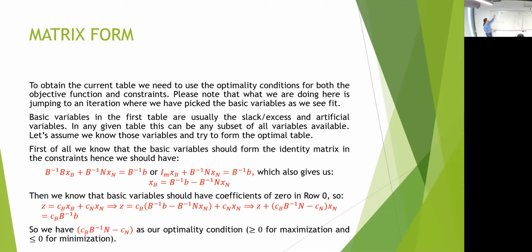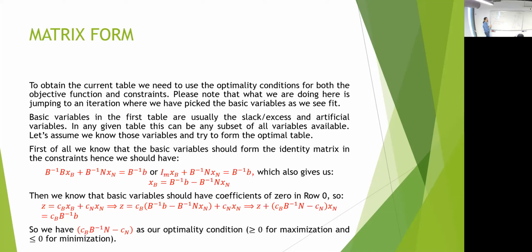I cannot just multiply or divide by something to get rid of xb, but I can change xb into xn using this one. So I can just say that xb is equal to B inverse b minus B inverse N xn. Right? Because this equality holds all the way. So I can just take this one and put it over here. I don't need to see this one. As I said, it's the identity matrix.